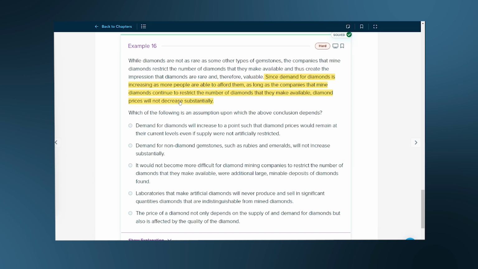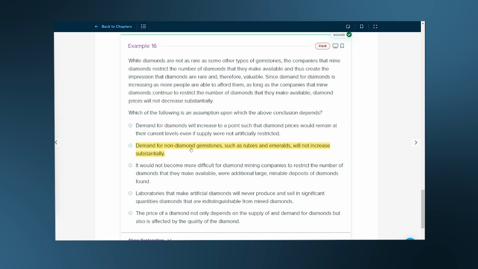Let's check out these answer choices. A, demand for diamonds will increase to a point such that diamond prices would remain at their current levels even if supply were not artificially restricted. This isn't an assumption the argument relies on. It goes further than the author's conclusion, which still mentions restricting the supply of diamonds to alter price.